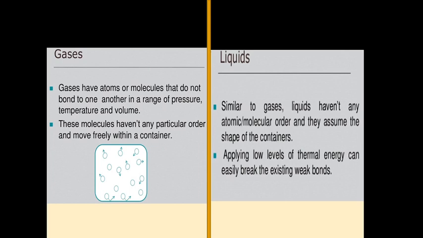Now gases, as we are aware, have atoms or molecules that do not bond to one another in a range of pressure, temperature and volume. You also know that the molecules don't have any particular order and they move freely within a container. If you look here, these molecules are just getting reflected from the container.